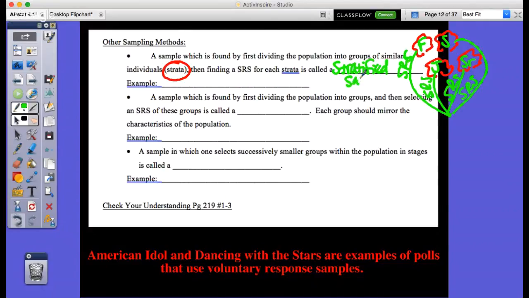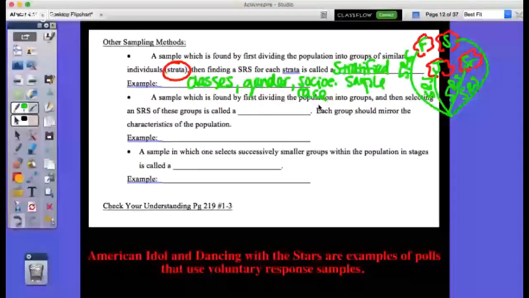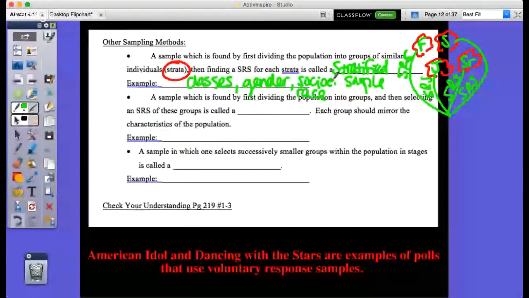A good example would be classes: freshman, sophomore, junior, senior. We could do gender, socioeconomic status, or race. Any of these would be proper strata.